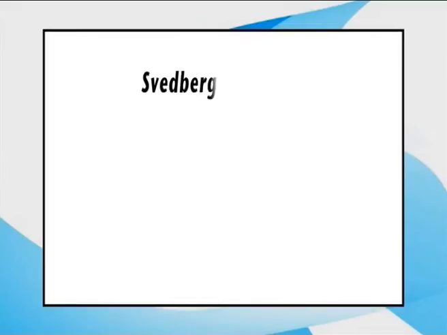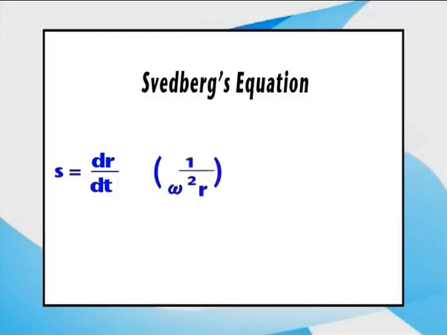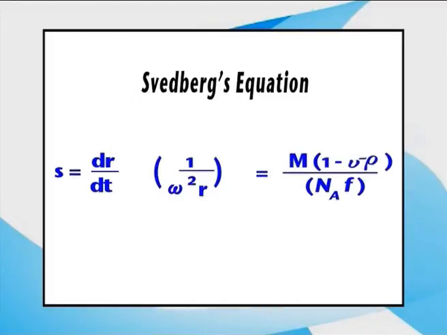The sedimentation rate or velocity of a biological particle can also be expressed as its sedimentation coefficient, given by the Swedberg's equation. S is equal to dr by dt into 1 divided by omega square r is equal to m into 1 minus nu bar into rho divided by NAF.